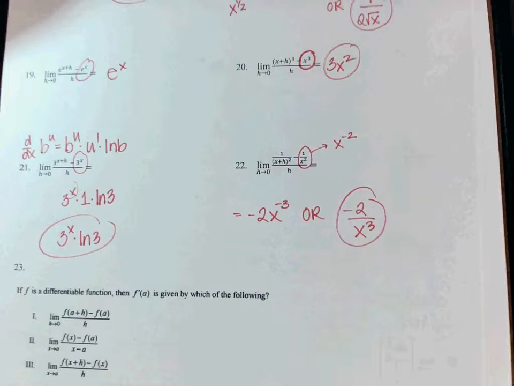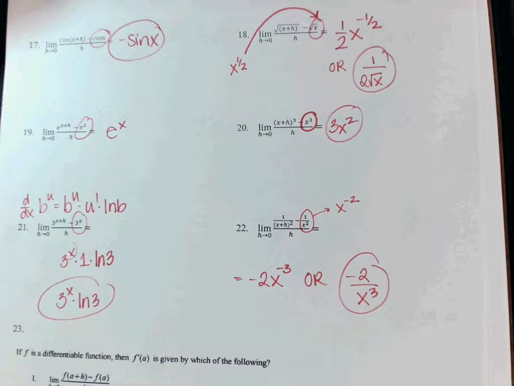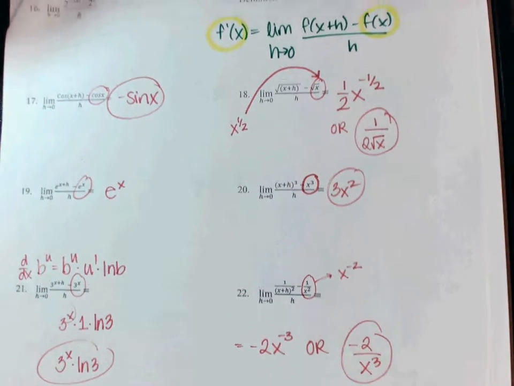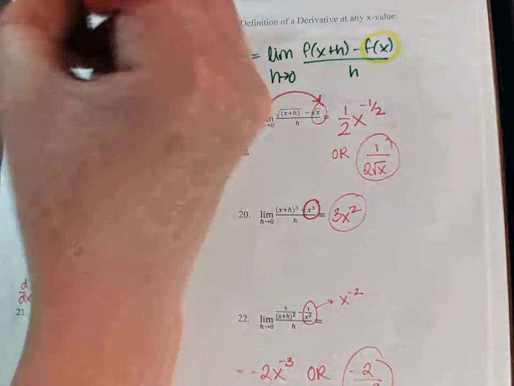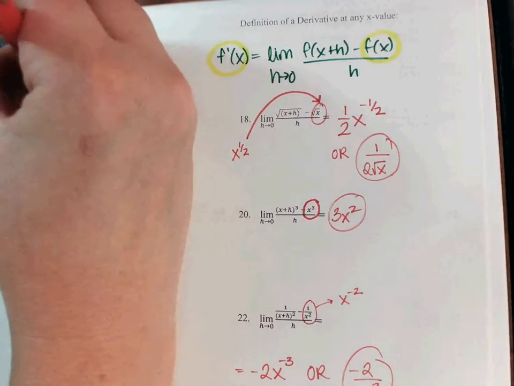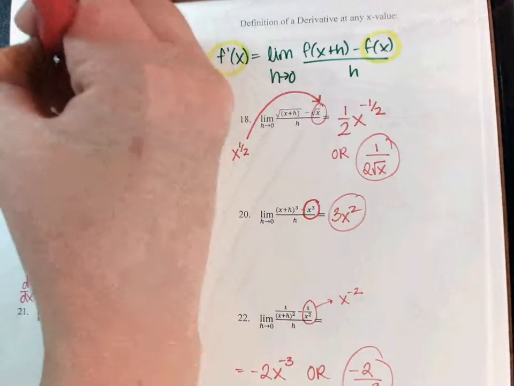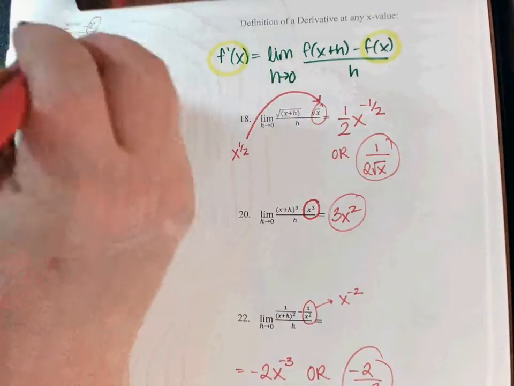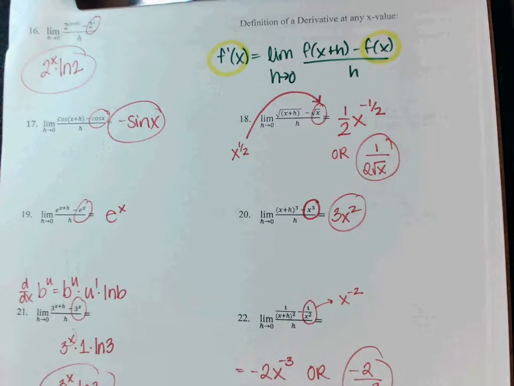Look at number 16. Do that one for me. Circle your function, then take the derivative. Okay, my function is 2 to the x. What will the derivative be? 2 to the x times ln 2. You can put the 1 in there for chain rule if you want to, but you don't have to.